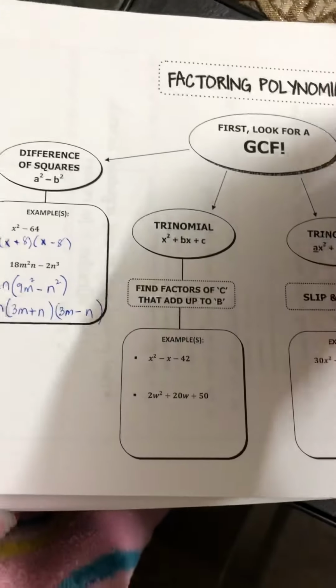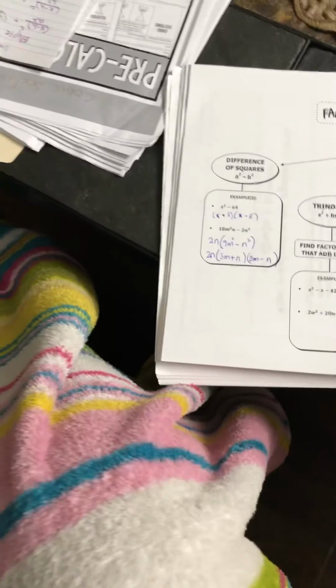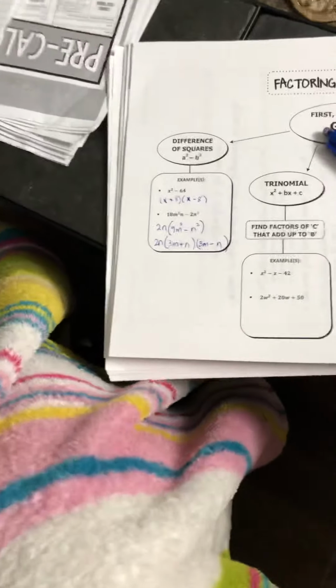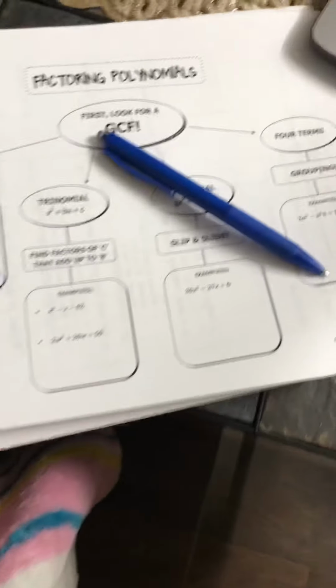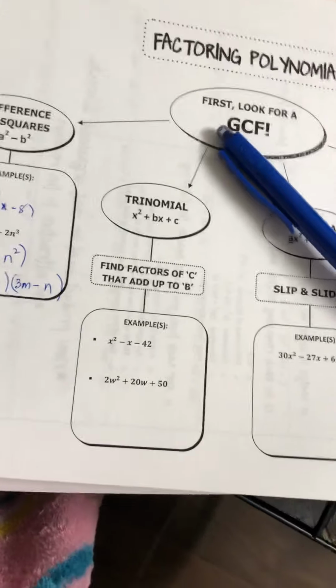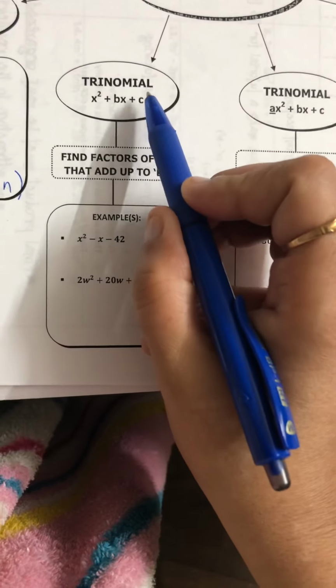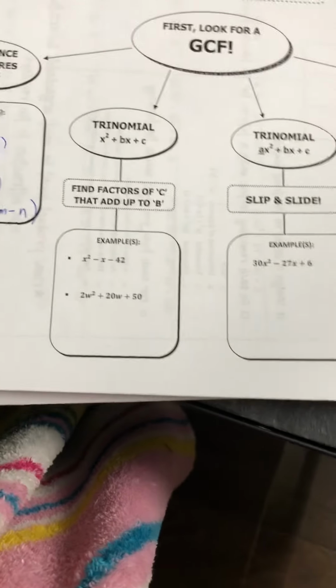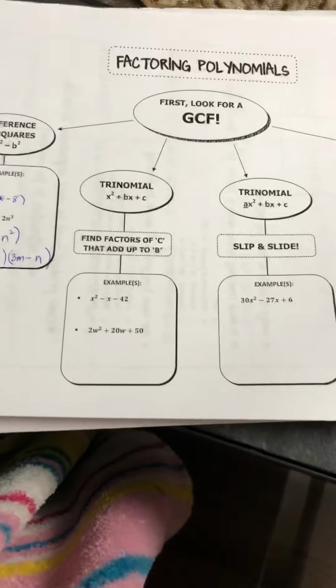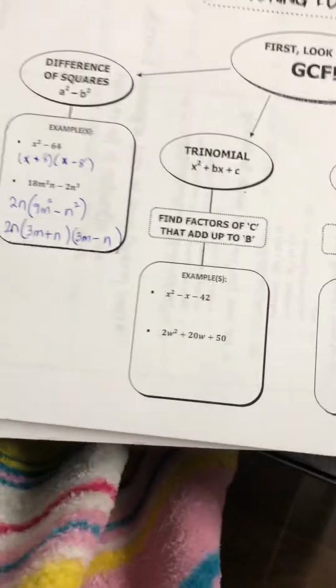Let's do the next one, a trinomial. For a trinomial, there is no a, so find factors of c that add up to b.